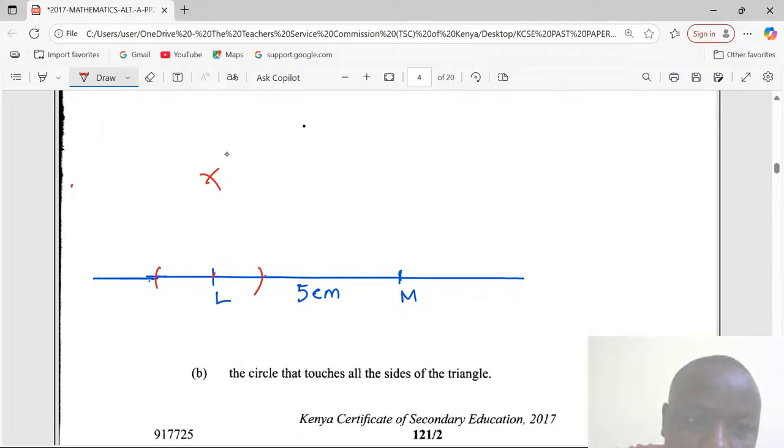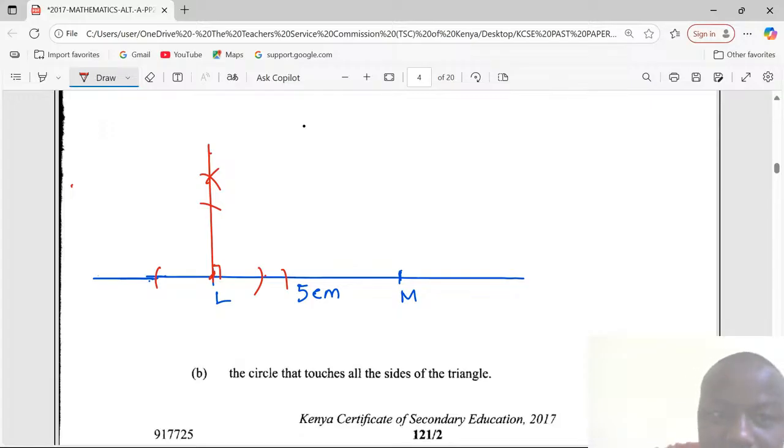So now, when I draw this, I'll have dropped a perpendicular at L. This is now 90 degrees. With this, I'm supposed to bisect the 90 degrees for me to get the 45 that I need. So I stand at L again, I make an arc, and I make an arc here.